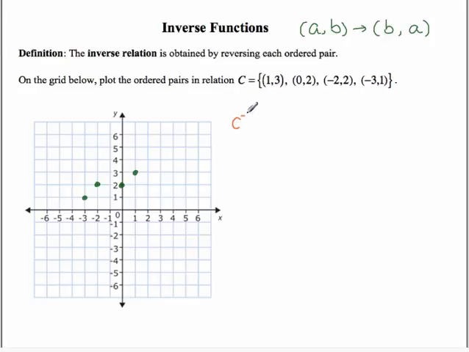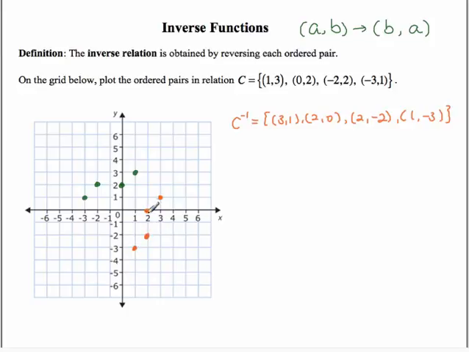So the inverse relation of C will be (3, 1), (2, 0), (2, -2), and (1, -3). Now I'm going to plot these points.